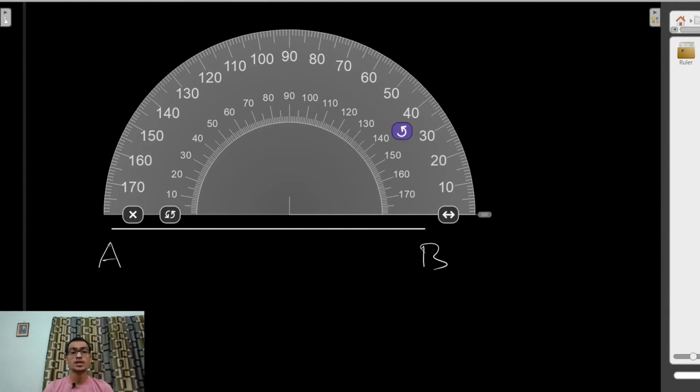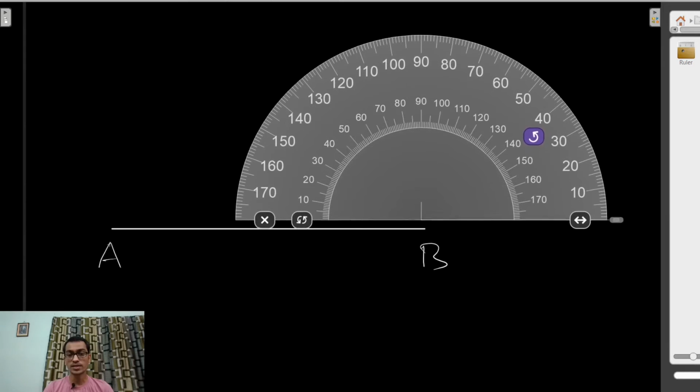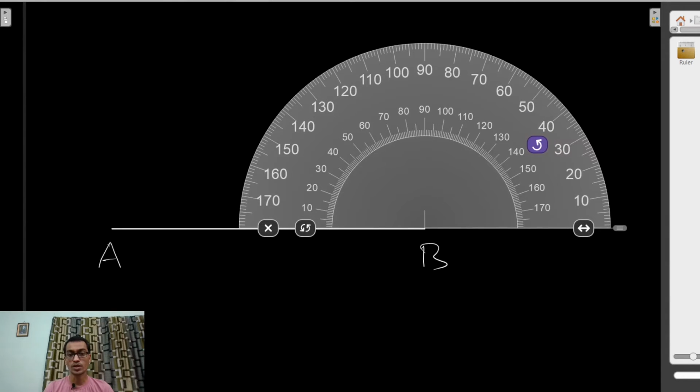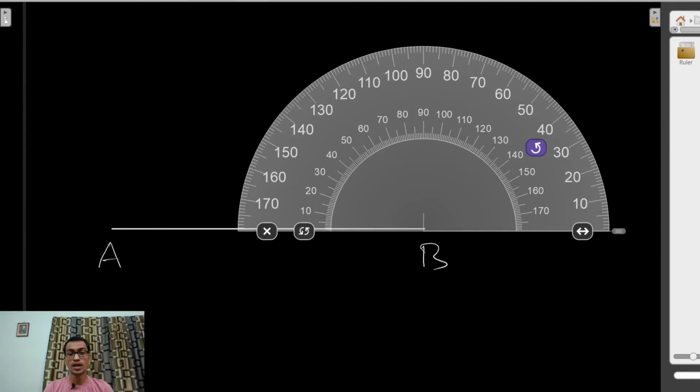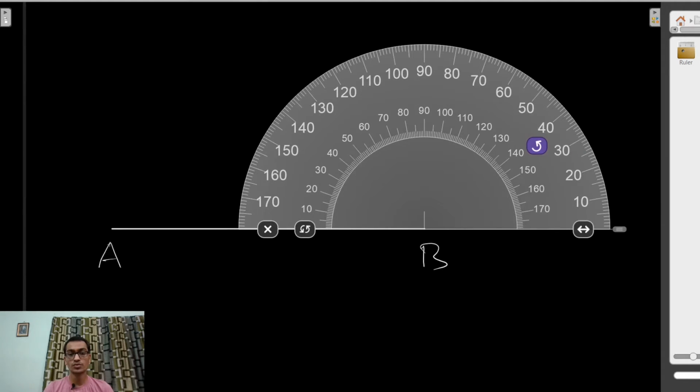We will increase the size of the protractor. In a similar manner, we will match the point as well as the line of the protractor to our line AB. Now let us say we are going to draw an angle of measurement 70 degrees.